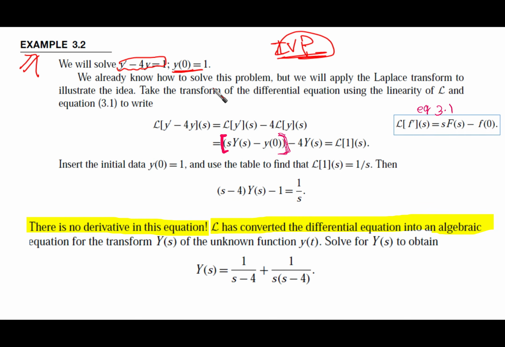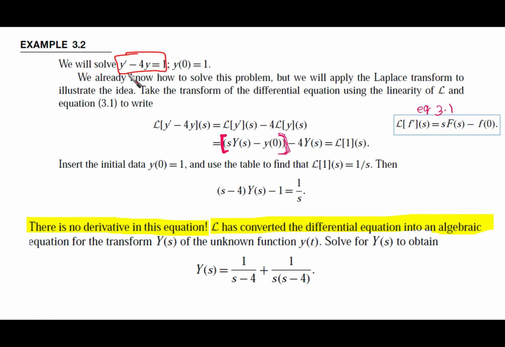Actually, this equation we already know: y prime minus 4y equal to 1. We can solve it easily by our techniques, but we are going to apply the Laplace transform and the inverse Laplace transform to understand how we can apply it and how much ease the Laplace transform provides for us.